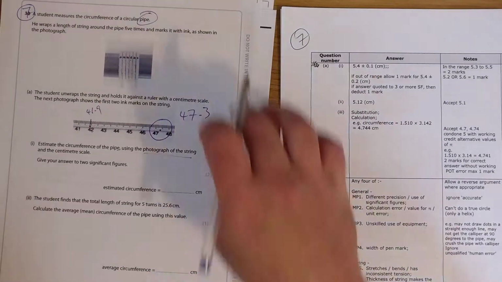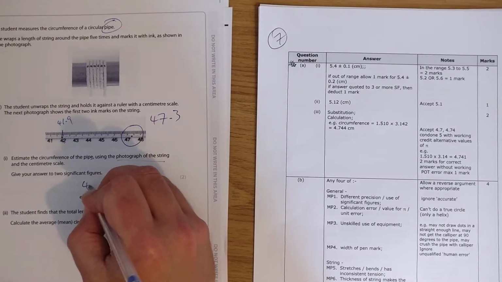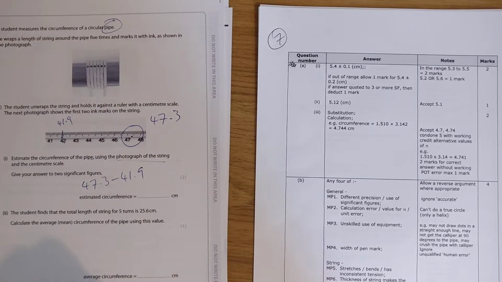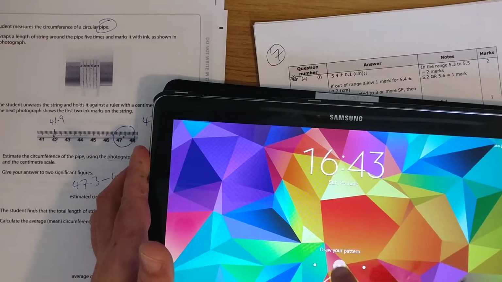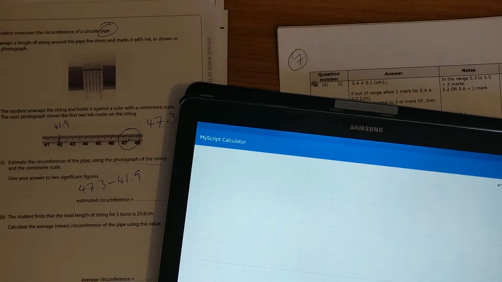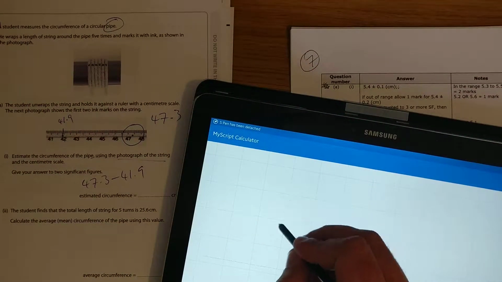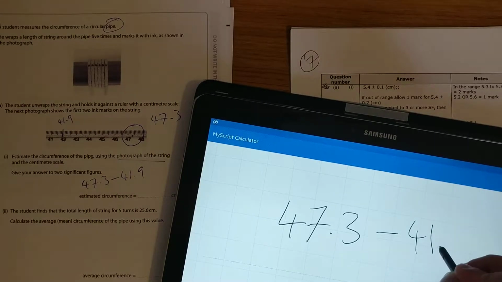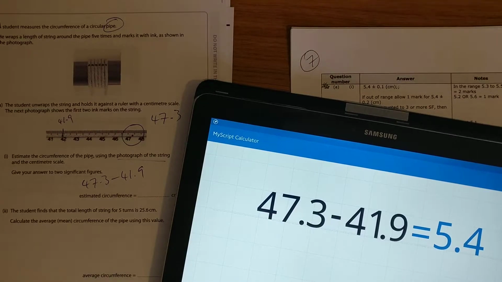And the estimated circumference is then going to be 47.3, take away 41.9, and what's that going to give you? Just use our calculator. I haven't got my calculator with me, which is not good, but I have this instead, which we'll do as a calculator. 47.3, take away 41.9, and what do we get? 5.4.